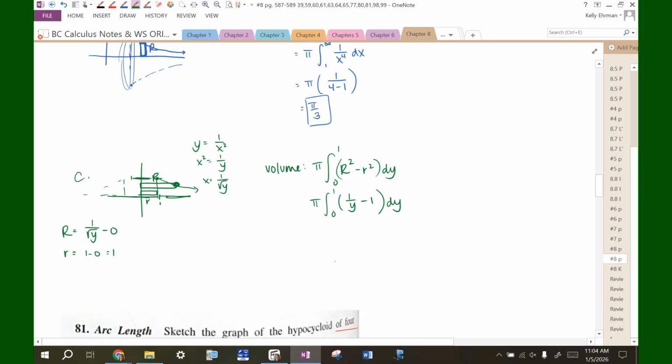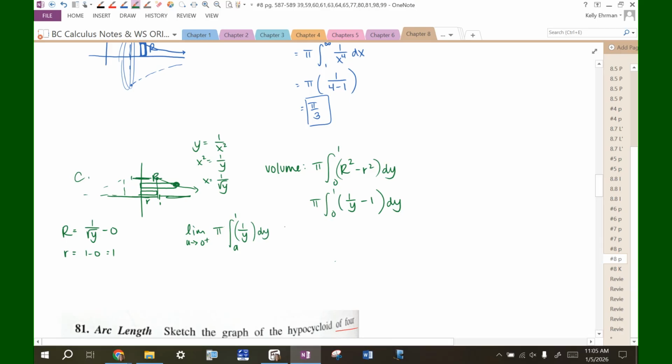So let's do this. The limit as a approaches 0 from the right of pi times the integral from a to 1 of 1 over y minus 1 dy. Actually, I don't need it for this, so let me separate this out.